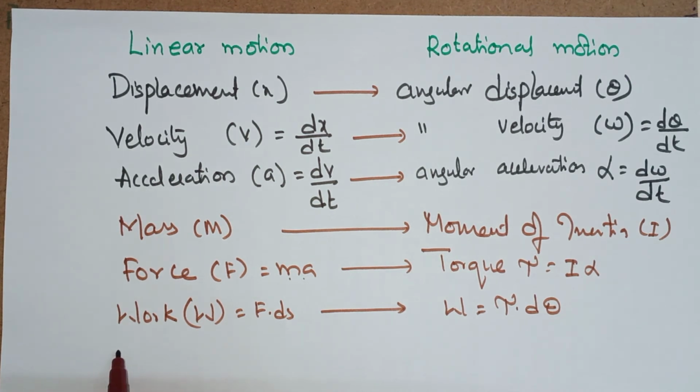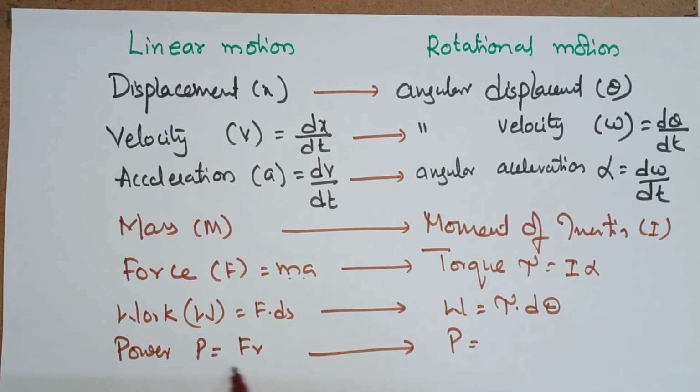And power P is equal to F into V; here power is equal to tau omega.